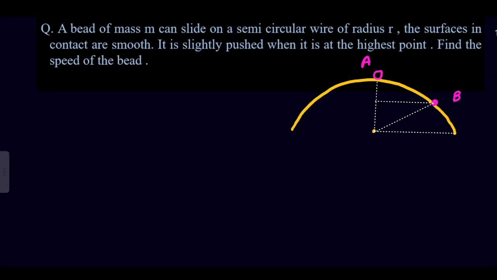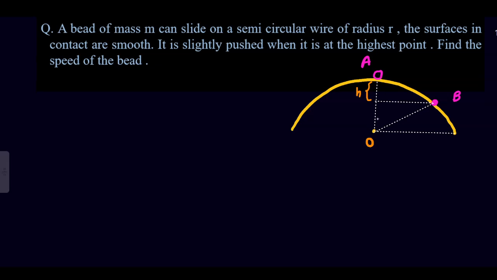Now look here. The radius, this is O to A, distance is R. Assume that the bead has traveled down. Why is the bead moving down? Because of gravitational force. So this much height h has been covered by the bead.